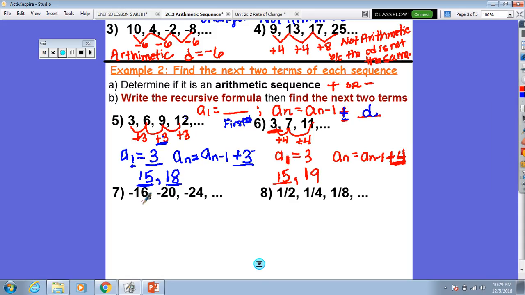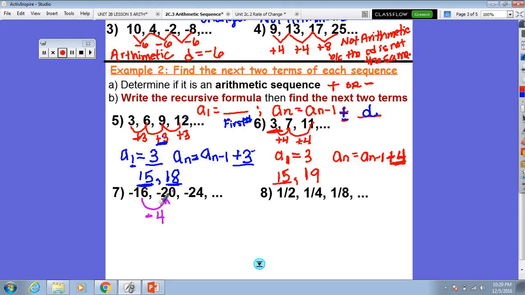Now we're looking at negative numbers. My negative numbers are going to a smaller negative number, which means we're subtracting 4. You can test this out in your calculator: negative 16 minus 4.